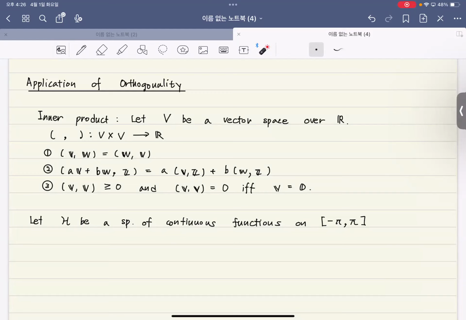How can I define it? If you try component-wise multiplication and addition, you are going to fail, because a typical vector in this space doesn't have any components at all. So how do I define an inner product? Just like this.